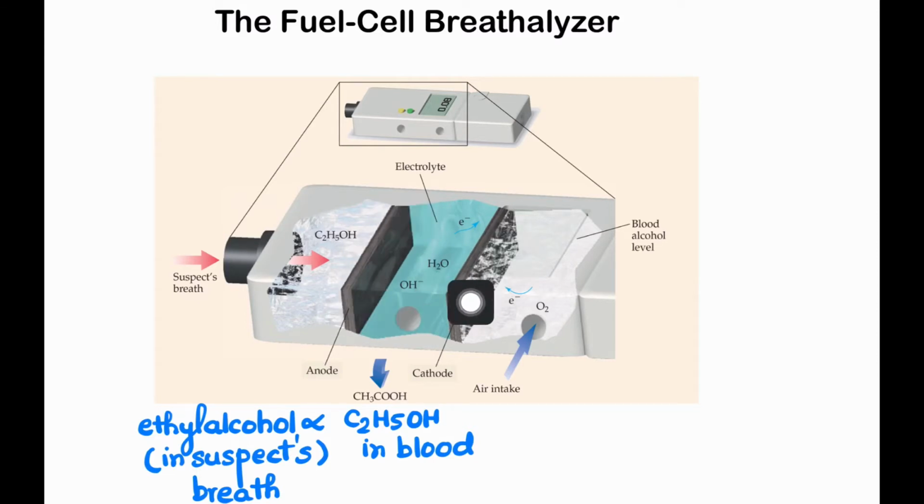These are the two platinum electrodes, and when a suspect blows into the breathalyser, the ethyl alcohol from his breath will go inside this breathalyser, and this ethyl alcohol in the breath will get oxidized at this anode to acetic acid.